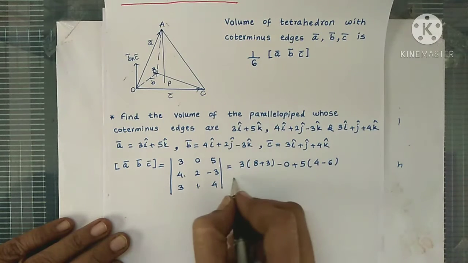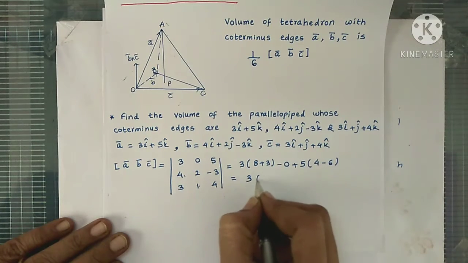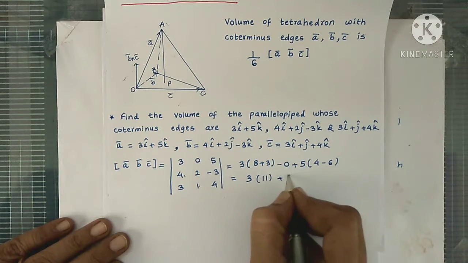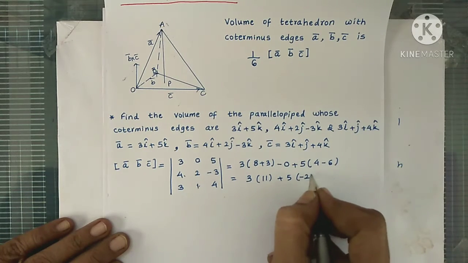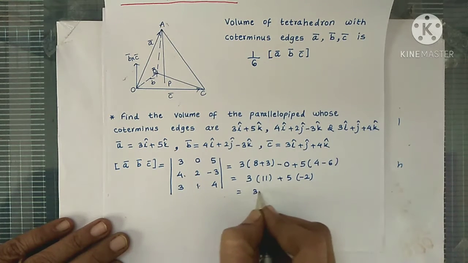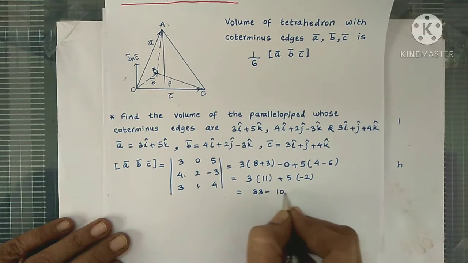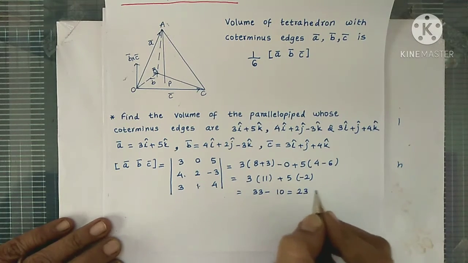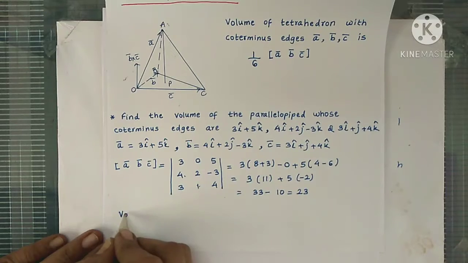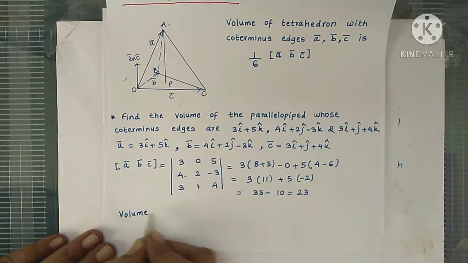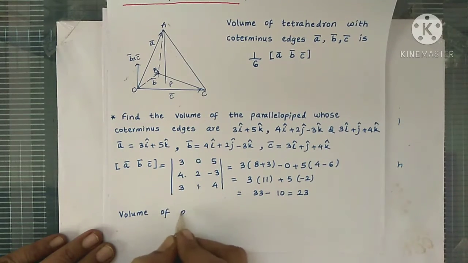Simplifying, we have 3 multiplied by 11, plus 5 multiplied by minus 2. So it is 33 minus 10, that is 23.